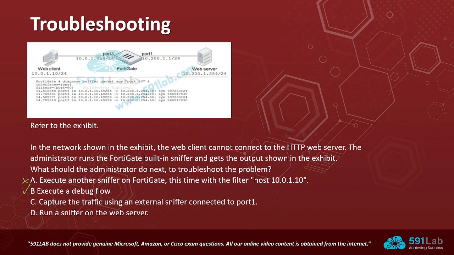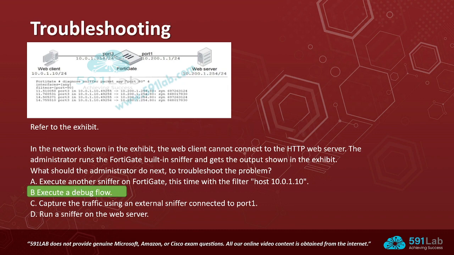These two will be the same because if you use a sniffer or you capture traffic, you only will see how the communication is, and if you are missing some kind of packet, but you are not going to see if the FortiGate is blocking something or if any policy is letting the traffic pass. So our best option was option B, execute a debug flow.